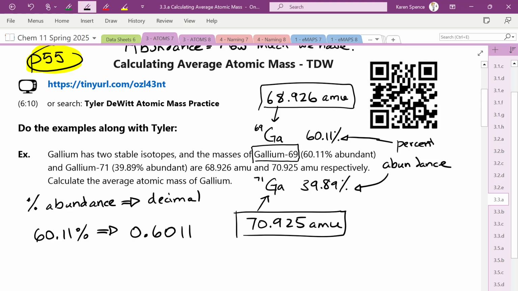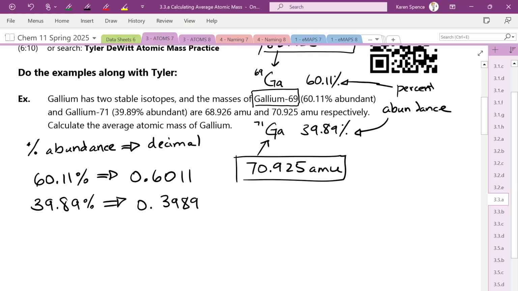So we take the percent and turn it into a decimal. Are you guys familiar with that? That's something we've done in math before. Anyone not done that in math? Everyone's done it. Okay. And then if we have our 39.89%, that's going to become 0.3989. I call this the decimal percent.